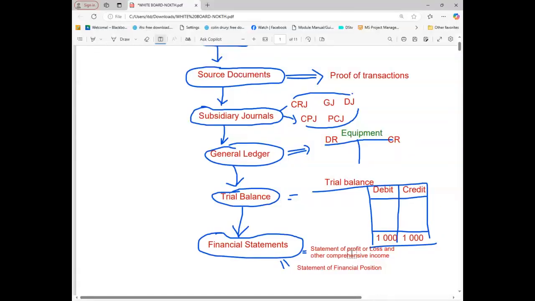Yes, I said it was formerly known as balance sheet. And then we also have the other statement called statement of cash flow, or you can call it cash flow statement. It's the same thing.